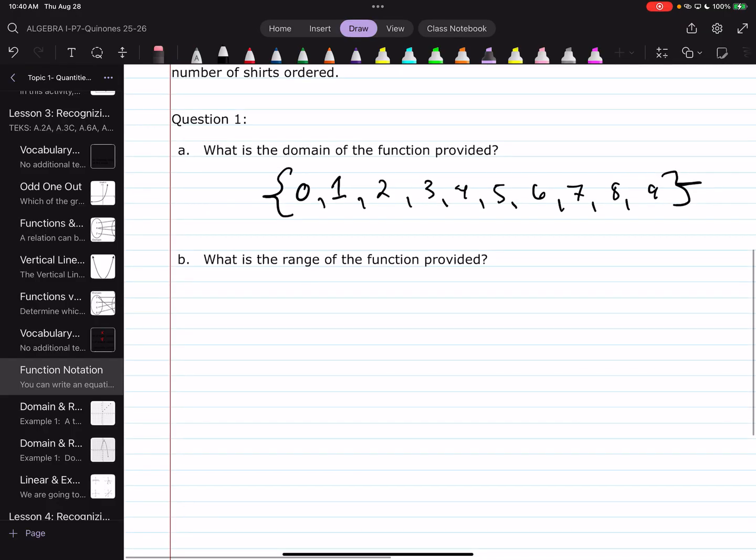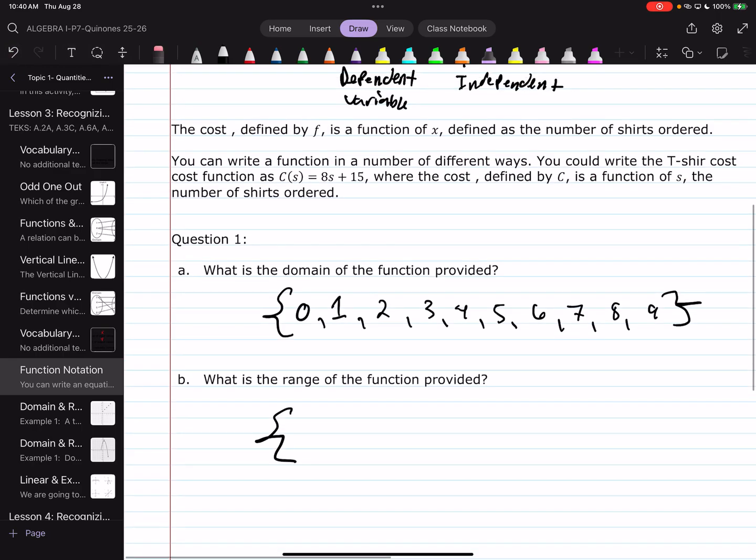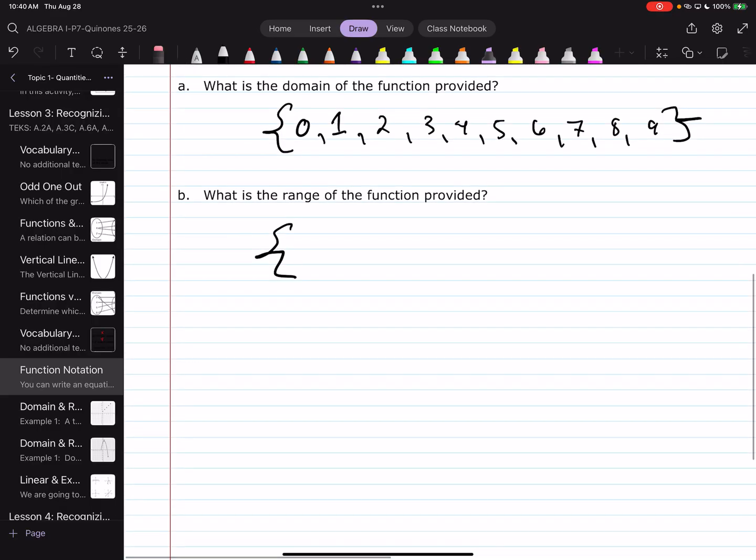Now, what would be the range? Well, the way for me to get this is if I substitute the amount of shirts that I sold instead of S. So let's take a look. The cost of 1 shirt will equal, actually, let's start here.